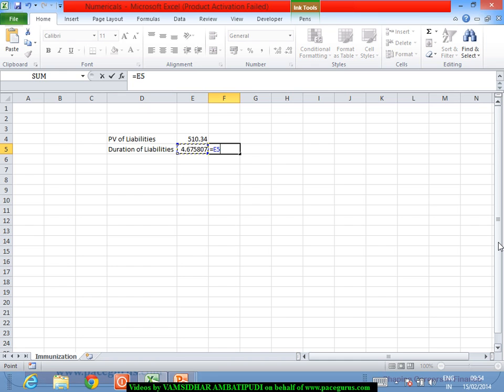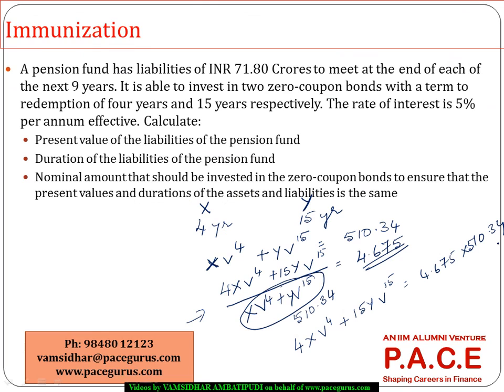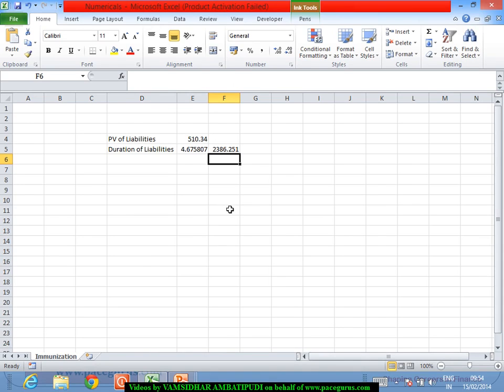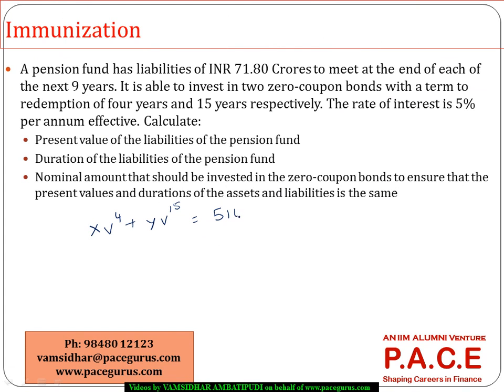So the other equation that comes out is 2386.25. That means I have two equations now. x v^4 plus y v^15 is equal to 510.34.